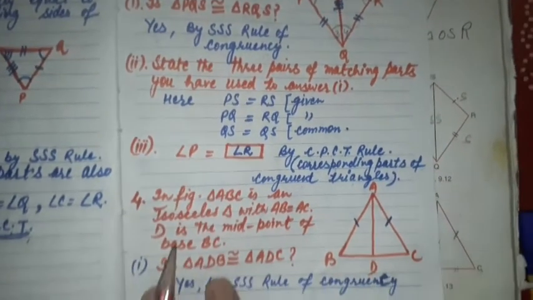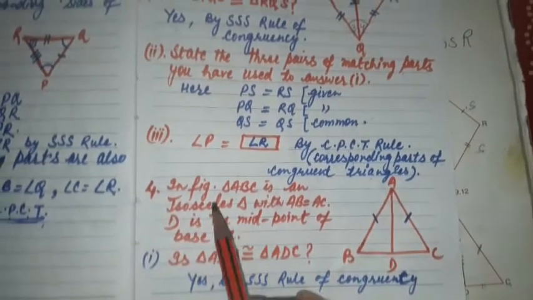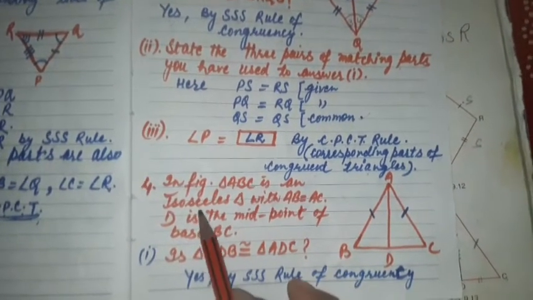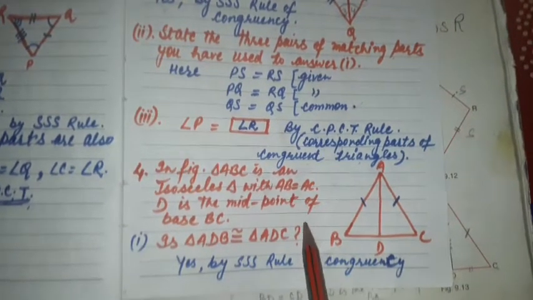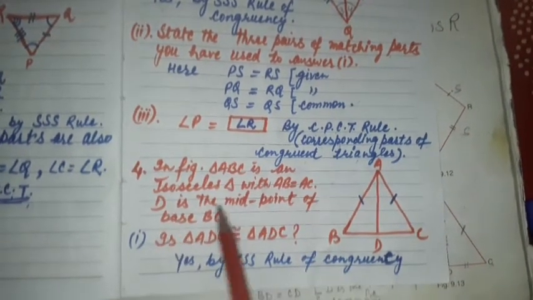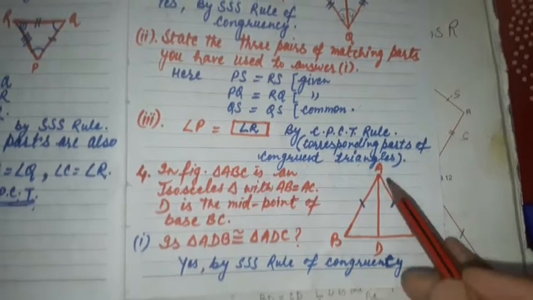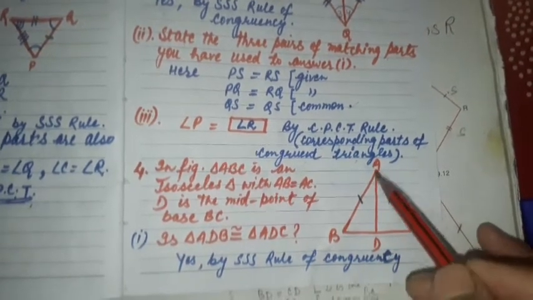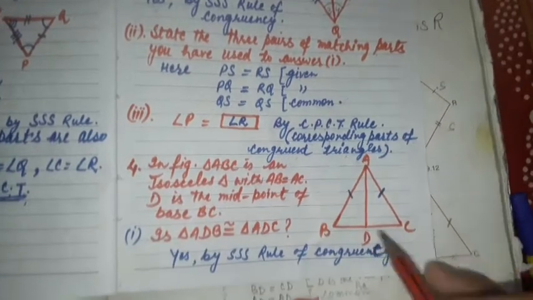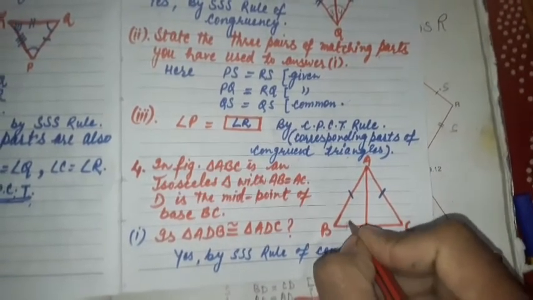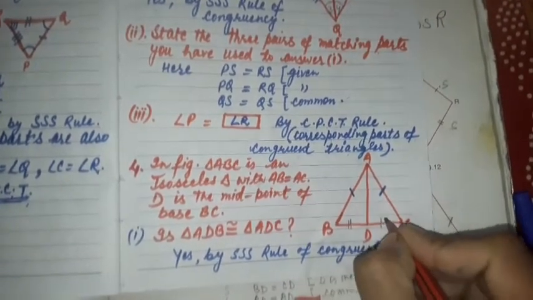Now question number 4. In the given figure, ABC is an isosceles triangle with AB equal to AC. It is given in the question. D is the midpoint of BC. If D is the midpoint, then these two line segments are also equal: BD is equal to CD.